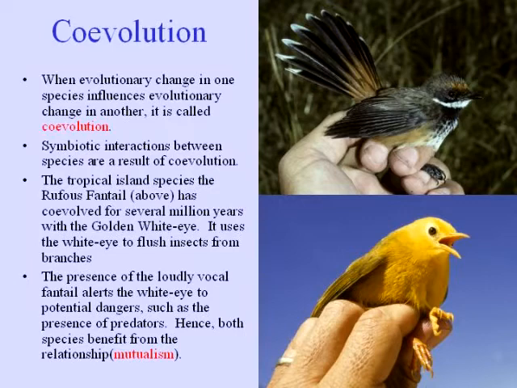That situation where species activities benefit each other. In this case, the fantail benefits by the food, which is being flushed by the white-eye, but the white-eye also benefits because the fantail is loudly vocal and serves as another set of eyes looking out for and alerting other species to the presence of predators.